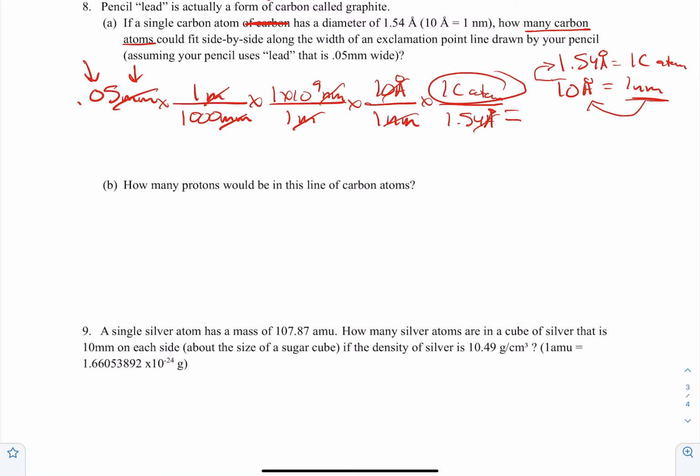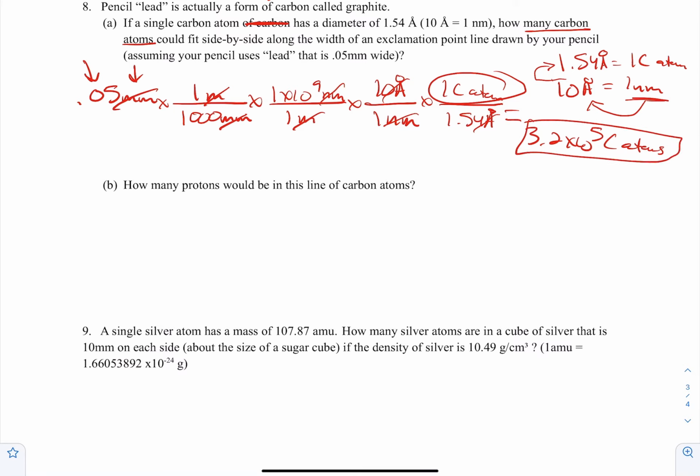And if you do that with correct sig figs, in this case we only have one sig fig from the 0.05, so we won't really worry about it. But if you do it correctly, you should get about 3.2 times 10 to the 5th carbon atoms. Somewhere around that ballpark.